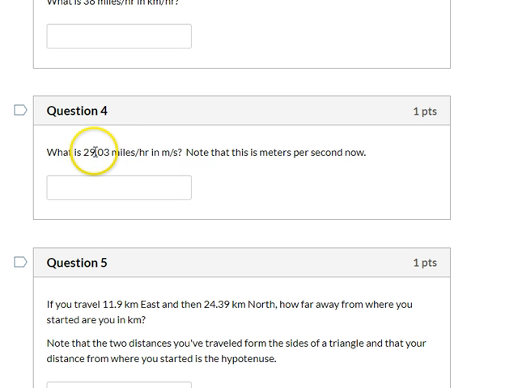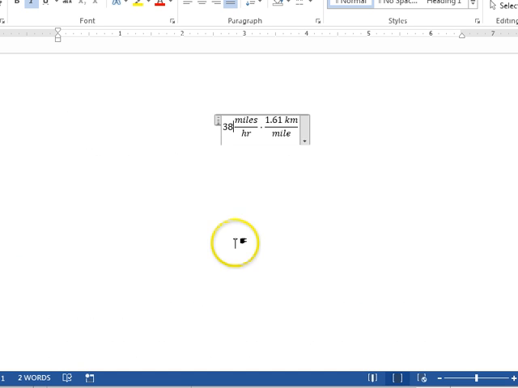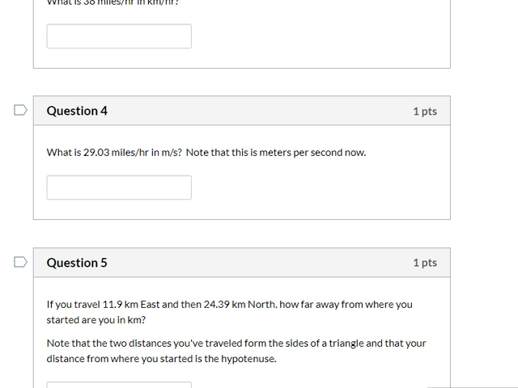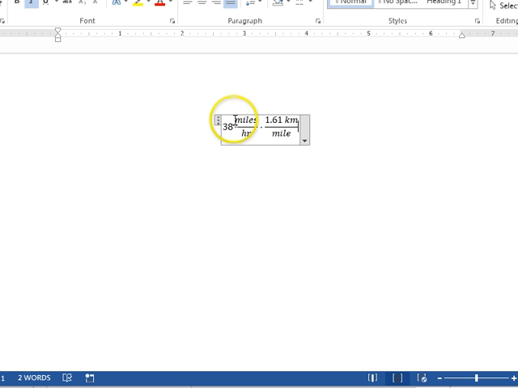What is 29.03 miles per hour in meters per second? Now we've got two things to do, right? So first, 29.03 miles per hour.